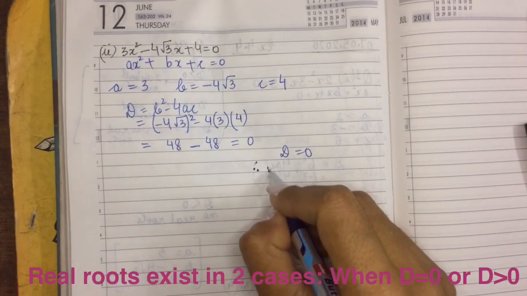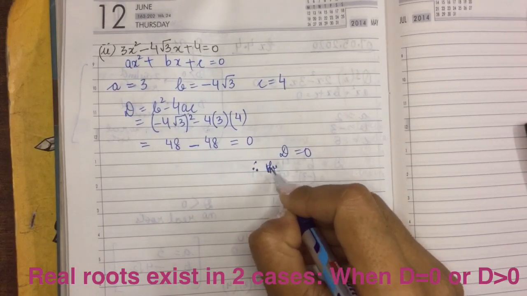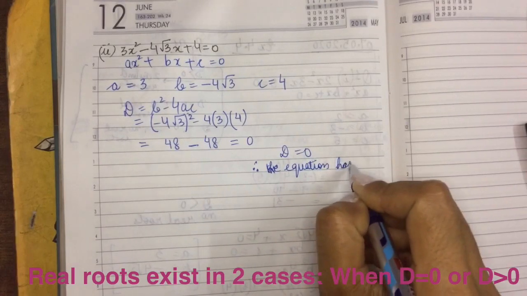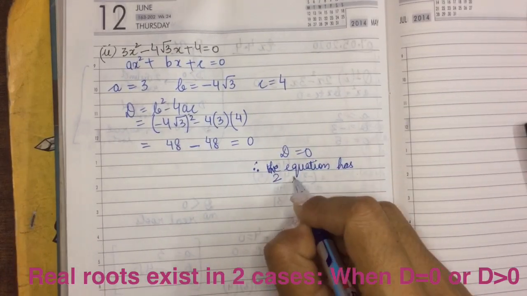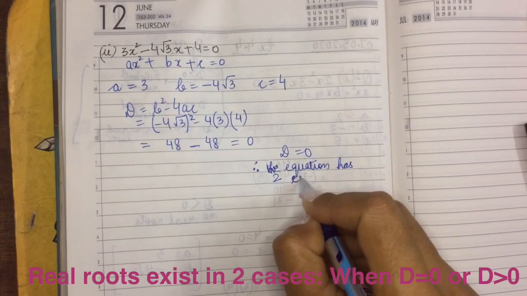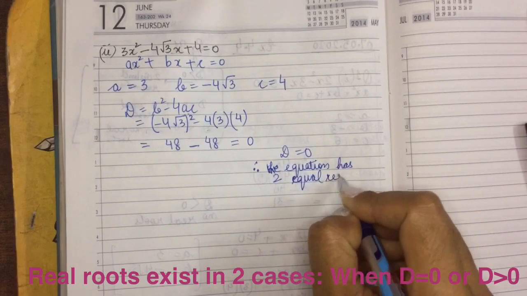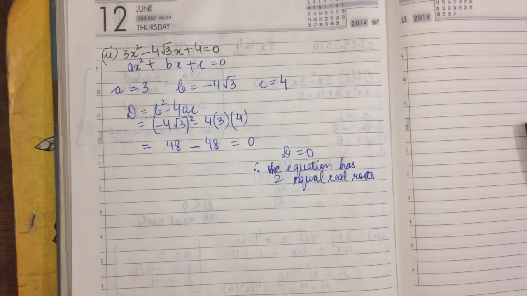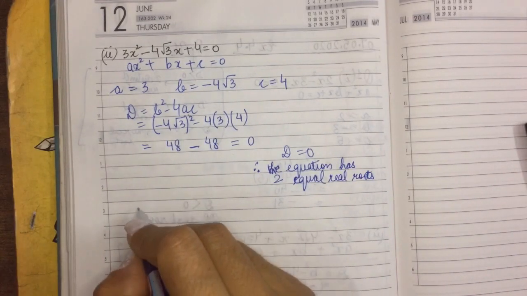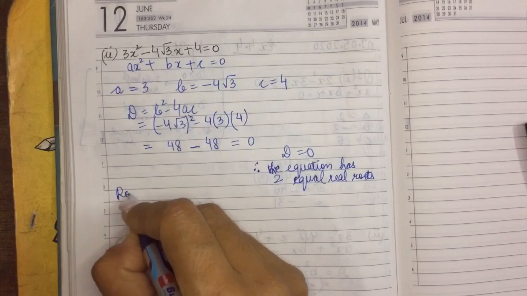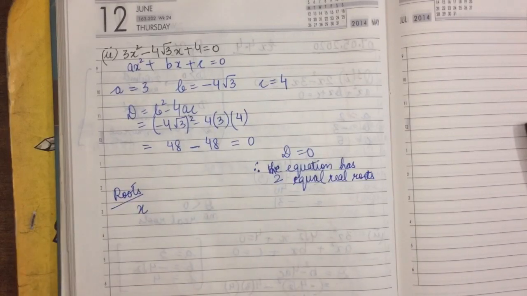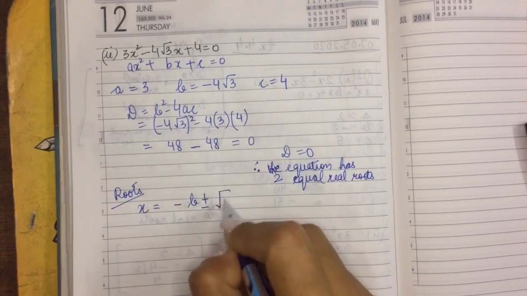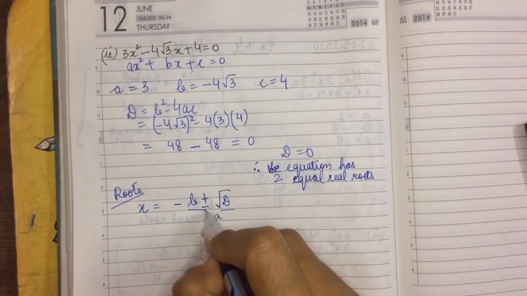So therefore the equation has two equal real roots. And now we are going to find out the values for the same. The values of the root, that means the value of the variable, will be given by minus b plus minus square root of d by 2a.